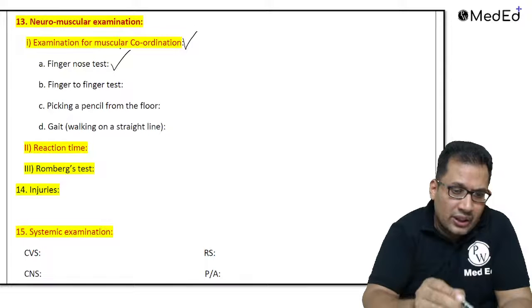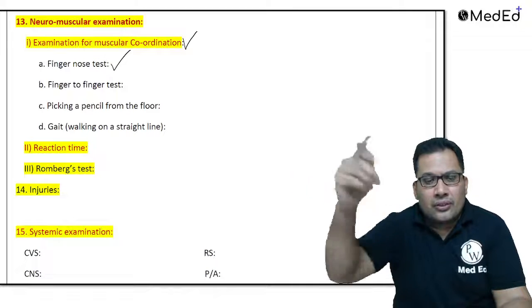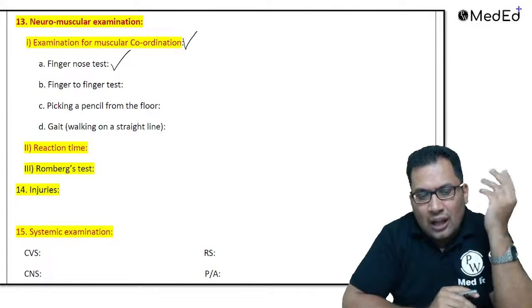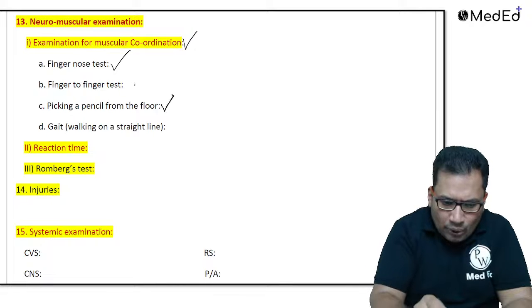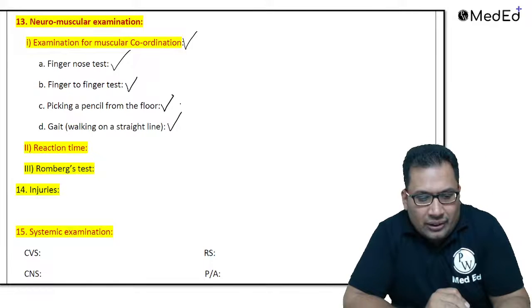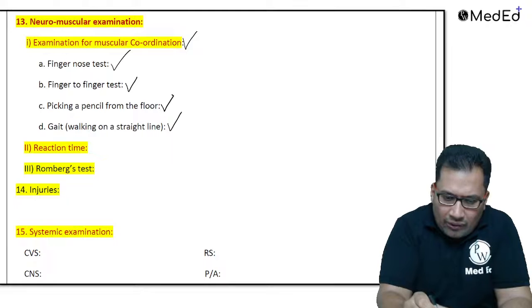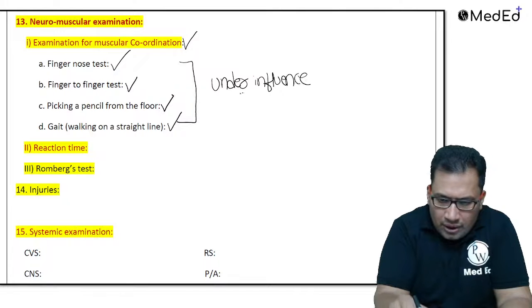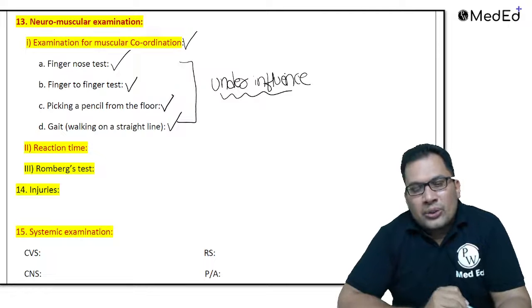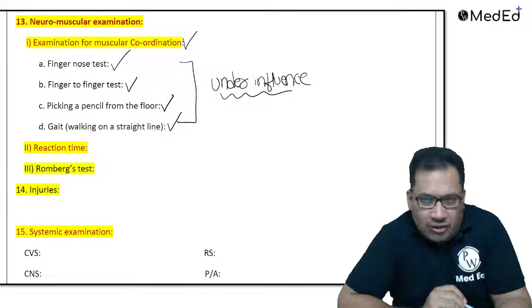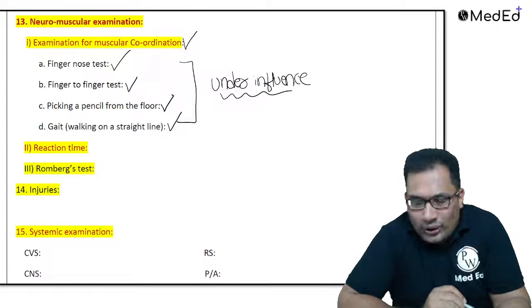By finger nose test, finger test, or picking a pencil from the floor. Or you can watch his gait, walking on a straight line. If they are all affected, then he must be under influence. If everything is normal, finger nose test is normal, finger test is normal, then he is not under the influence of alcohol. He has consumed alcohol, that's all.